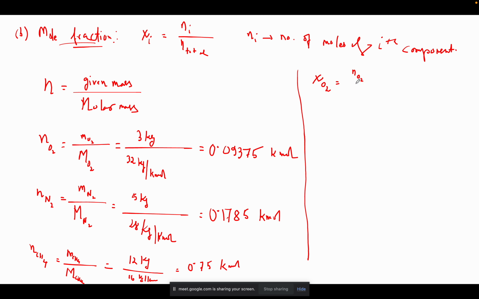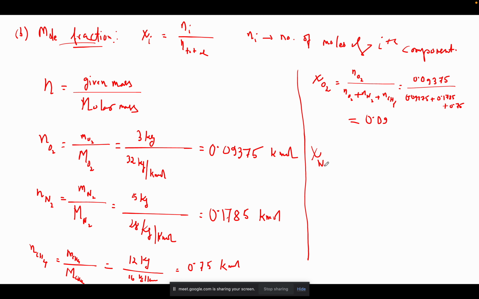Okay, so now mole fraction, that means X of O2 is nothing but N of O2 divided by N of O2 plus N of N2 plus N of CH4. So this will be 0.09375 divided by 0.09375 plus 0.1785 plus 0.75, which is 0.09.